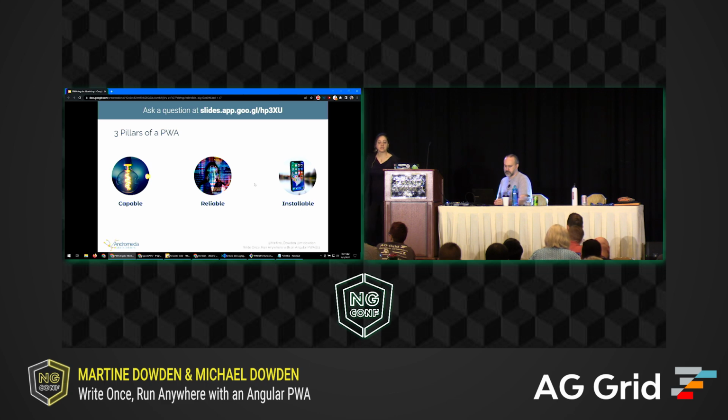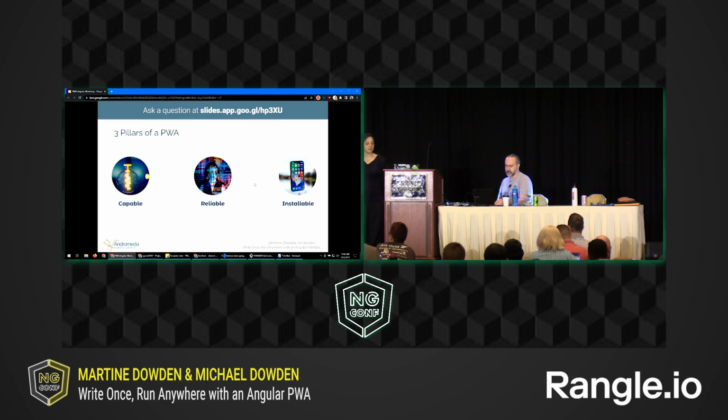The question is always, can I get the same functionality that I would get with a native app? And the answer is close. There are definitely still some gaps, but every year we get more and more capabilities directly with our devices that we would have had to use a native app for before.